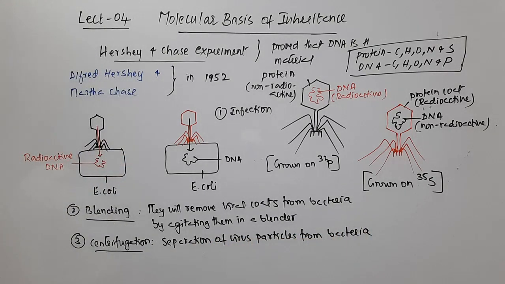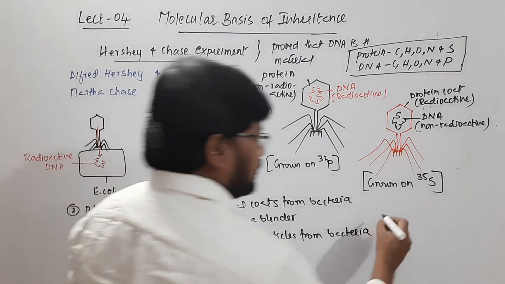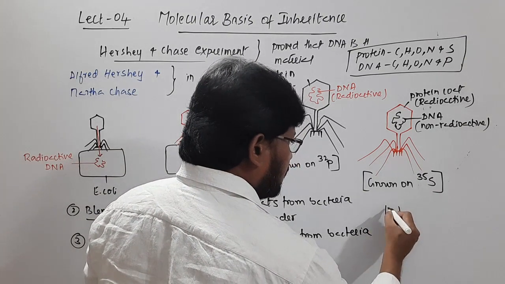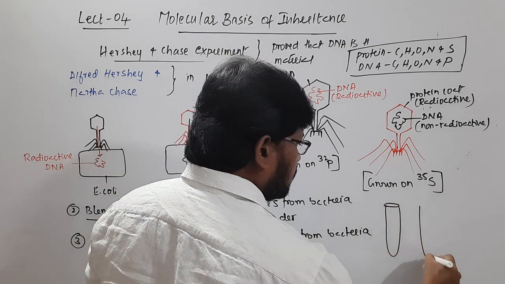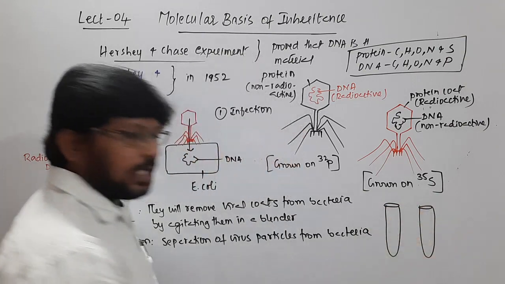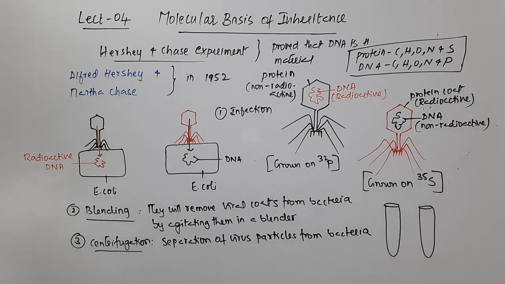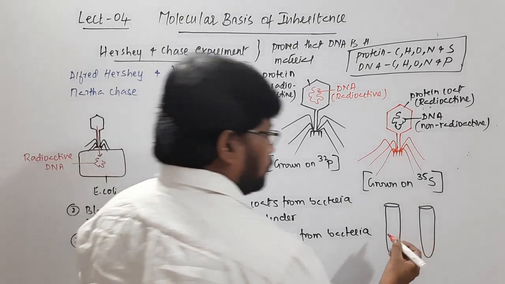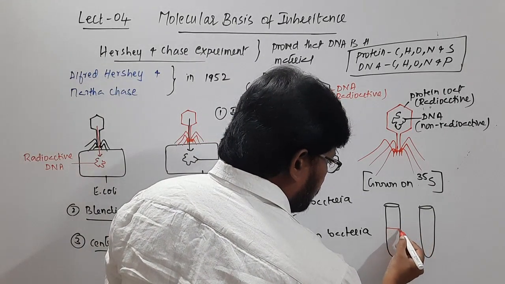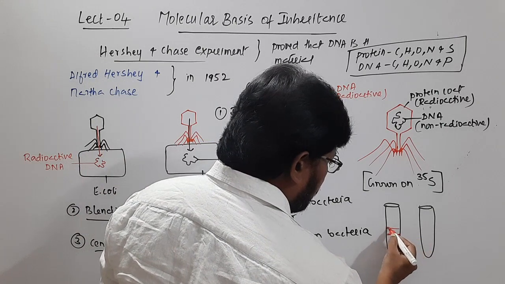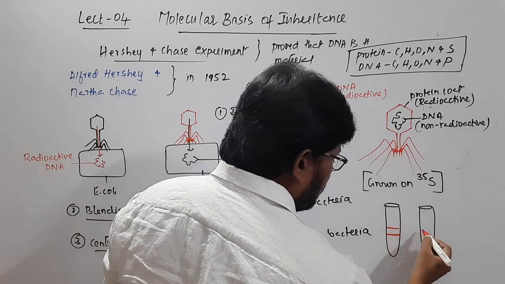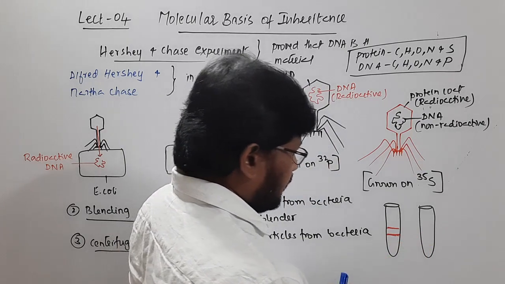So the centrifugation step will help in separation of virus particles from bacteria. Here there are two test tubes. After centrifugation, what we are going to see in the test tubes are supernatant and residue. What you see here on the top will be the supernatant, and below that we are going to see the residue.